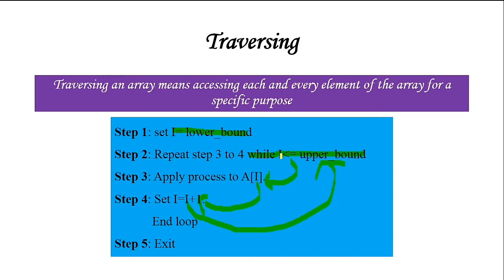In the first iteration 0 will be processed, then I is set to 1, then once again come back, check, 1 will be processed, then it will be set to 2, then once again come back, 2 will be processed, it will be set to 3. When it reaches 3, this condition is false and it will come out of the loop and exit the process. This is how traversal takes place.